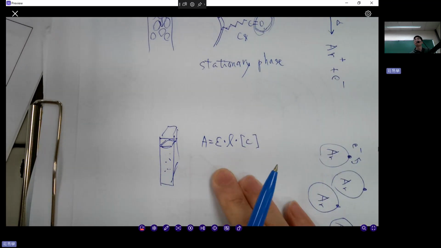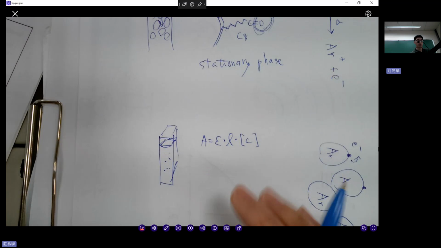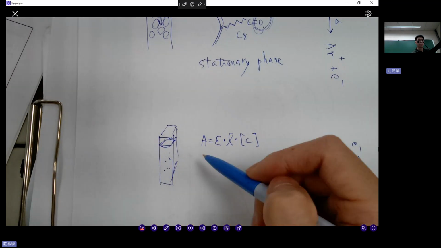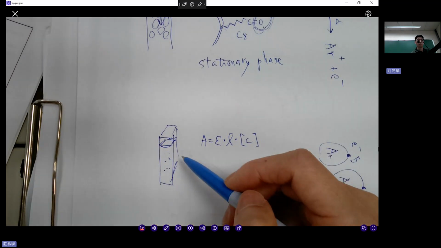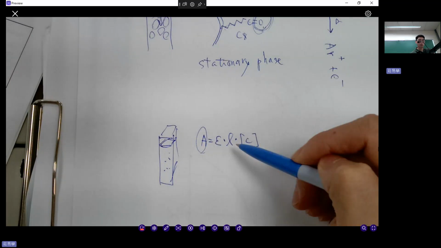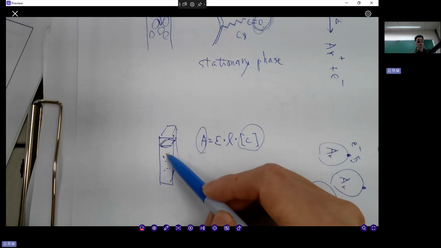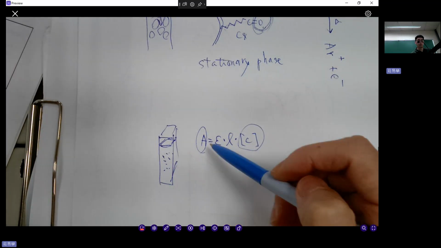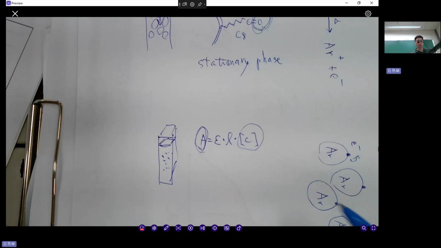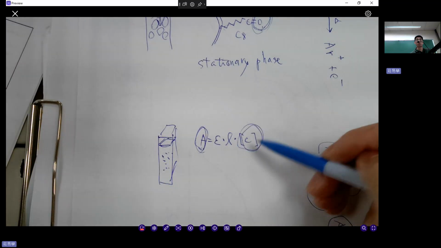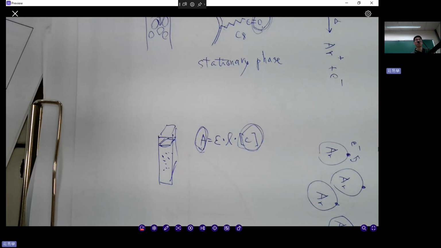That's Beer-Lambert's law. The absorbance you get from the machine is proportional to the concentration of your compound. So that's when you have a single compound. After obtaining the absorbance, you can directly link it to the concentration.